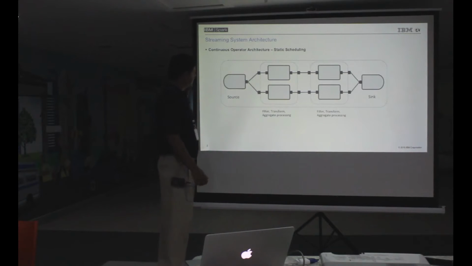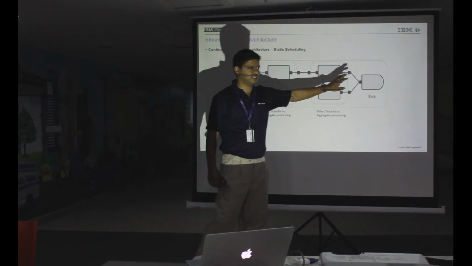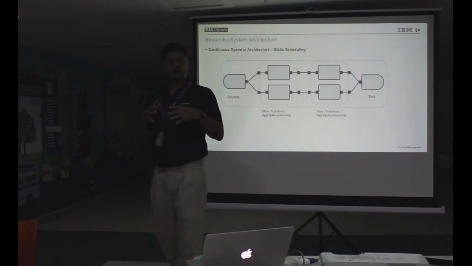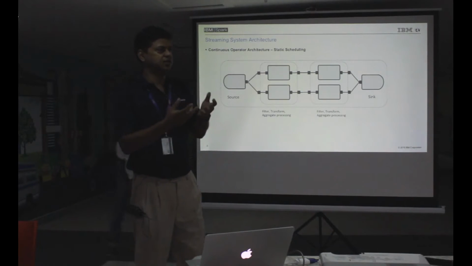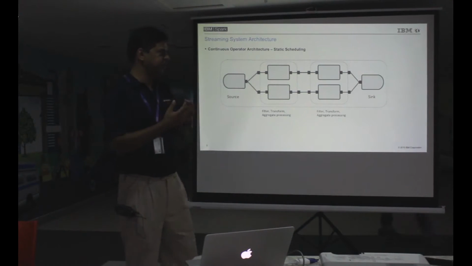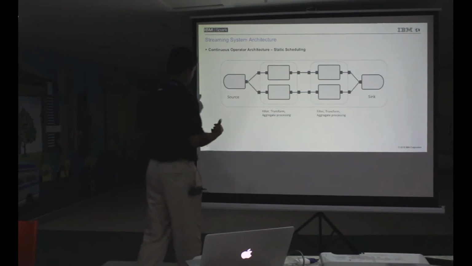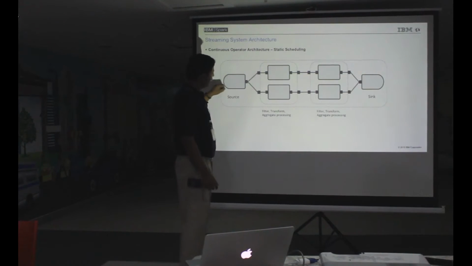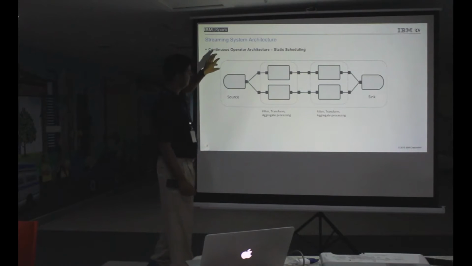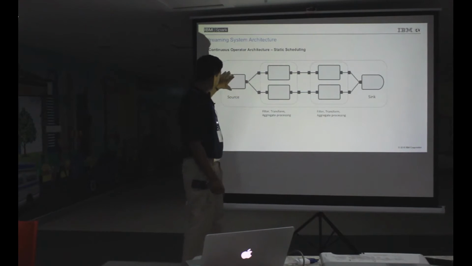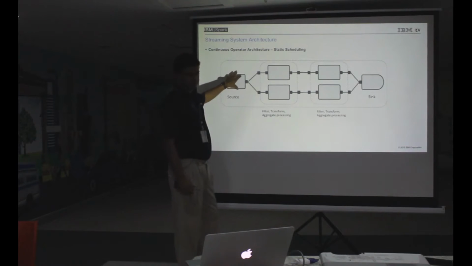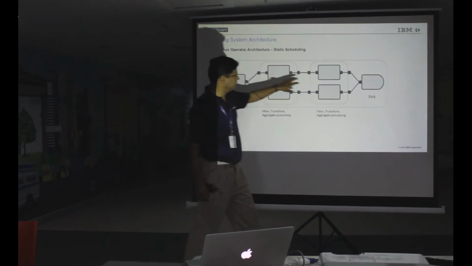So I showed you in the previous slide, we have a source, we have a sink, and in the center you actually had your processing logic, right? Your receiver that's receiving data or your computation on it. So what happens when you use a continuous operator architecture is basically, let's say this is one node on which your source is running, receiving, and this is another node.